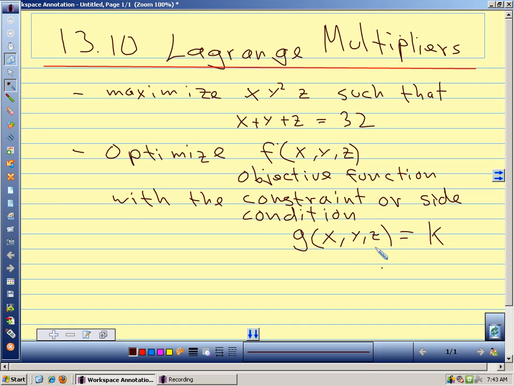Now g of x, y, z equals k. First we're going to look at a two-variable function.